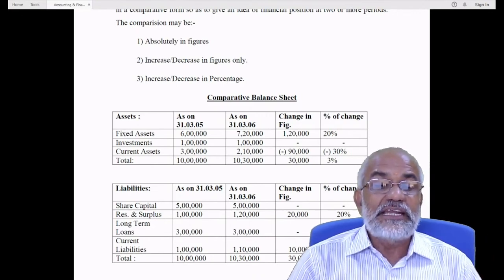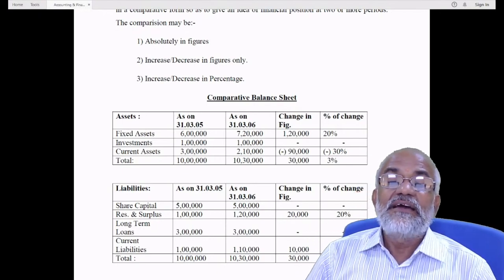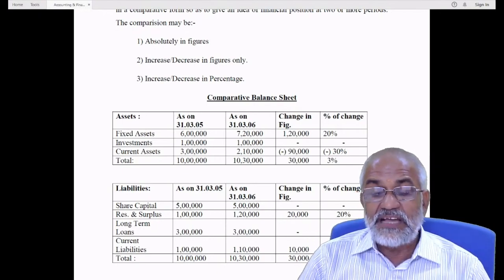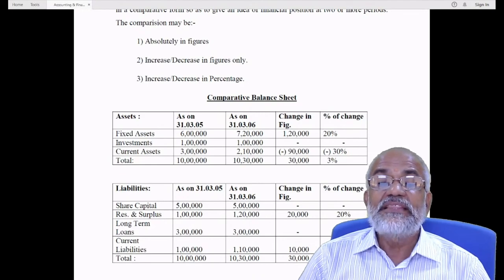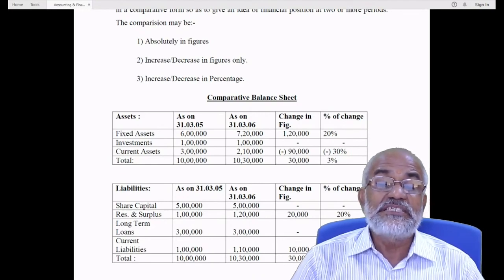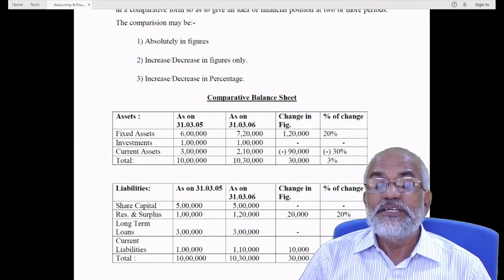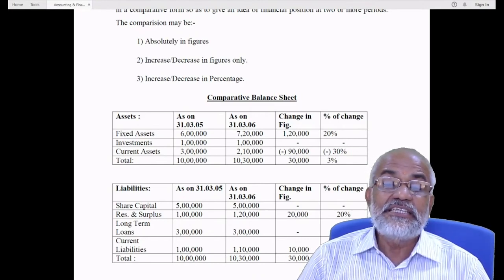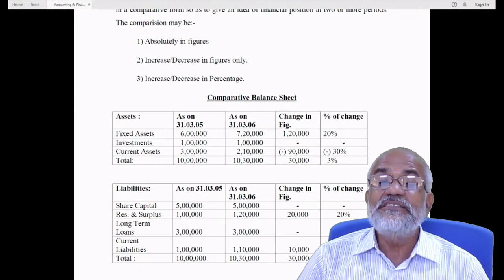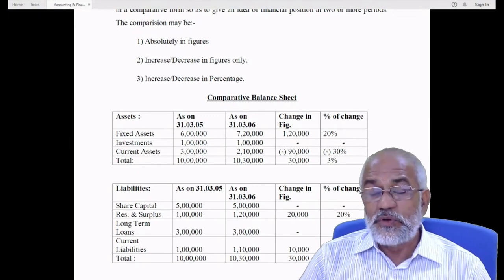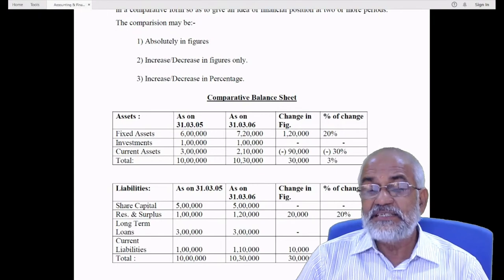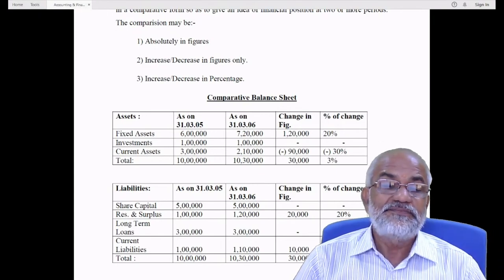The next item is current liability. It is 1 lakh as on the end of the first year, and it is 1,10,000 as on 31st March 2006, that means second year. So change in figures should be 10,000 positive because it has increased from 1 lakh to 1,10,000. So when you put it in the percentage change, it is coming 10%.